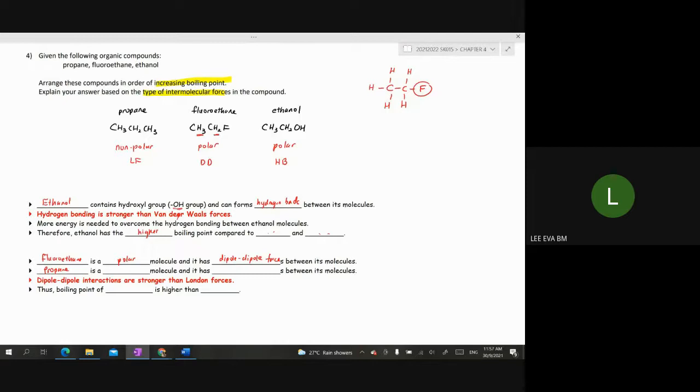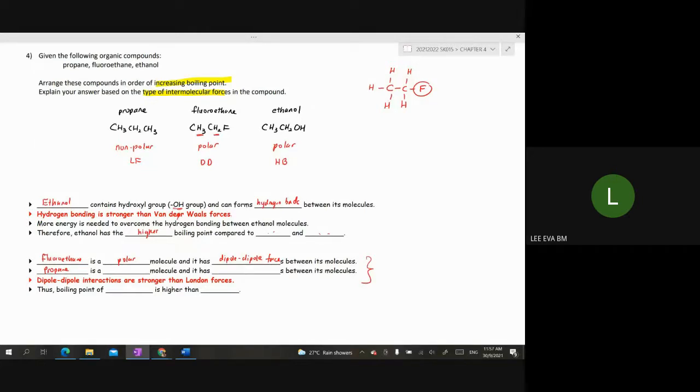This is one example of how to write the sentences, or you can follow the earlier way. Fluoroethane is a polar molecule and it has stronger dipole-dipole forces, and propane is a non-polar molecule and it has weaker London forces. If you already have the words stronger and weaker, the third sentence is not needed. Either one you choose. The important thing is to compare the strength.